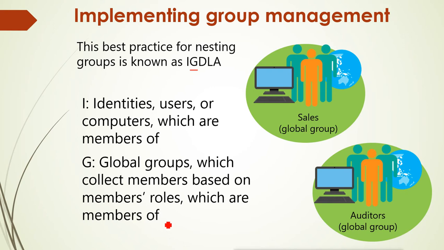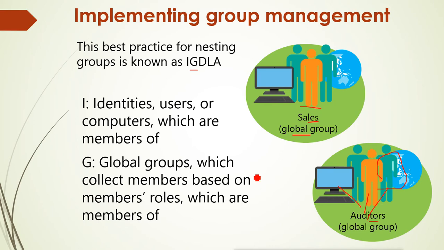Suppose there are global groups, and these identities are members of this sales group. Then in this domain we have the group auditors. This is a global group, and these are the identities which become members of this global group.